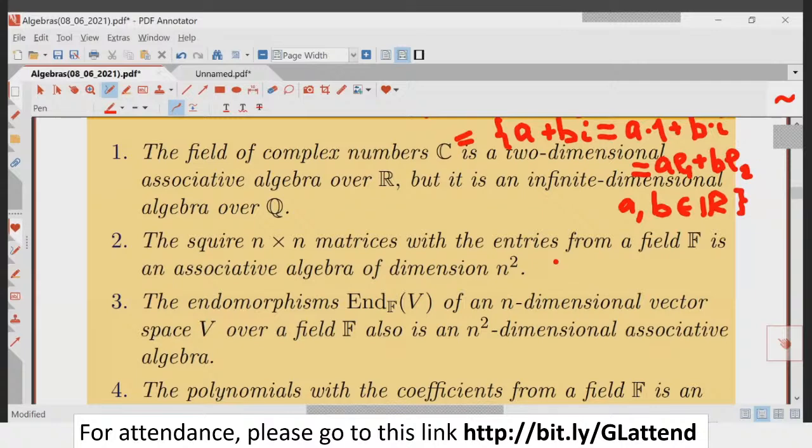They are E_ij. These are matrices where the entry at the intersection of the i-th row and the j-th column is 1. This is the i-th row, this is the j-th column, and here we get 1.